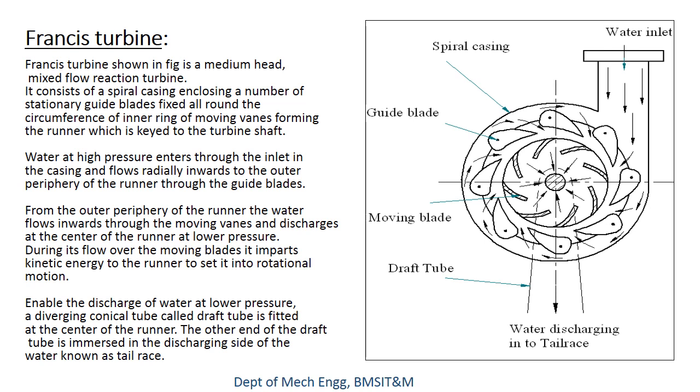So the water enters radially and exits axially. Therefore this type of turbine has a mixed flow in nature, and thereby they fall under the category of mixed flow reaction turbine, right? I hope it is clear.